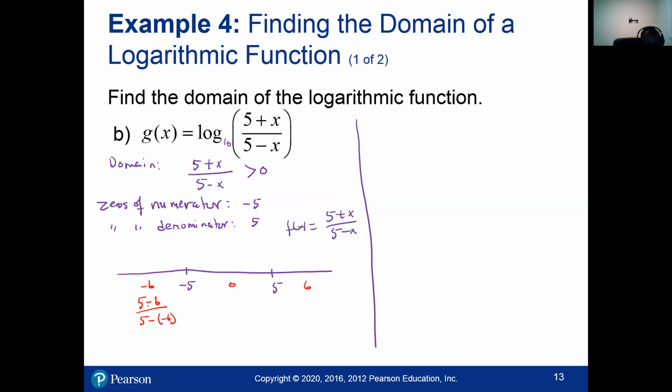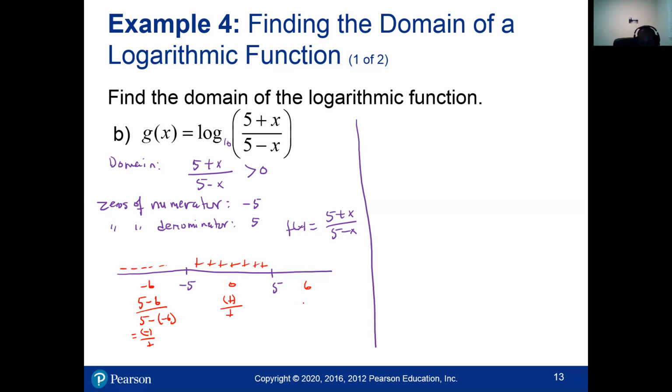So what does this give me? That should be a negative in the numerator, and the denominator will be positive, so this is negative. Now use 0. The numerator is positive, and the denominator, 5 minus 0, is also positive. So this is positive.